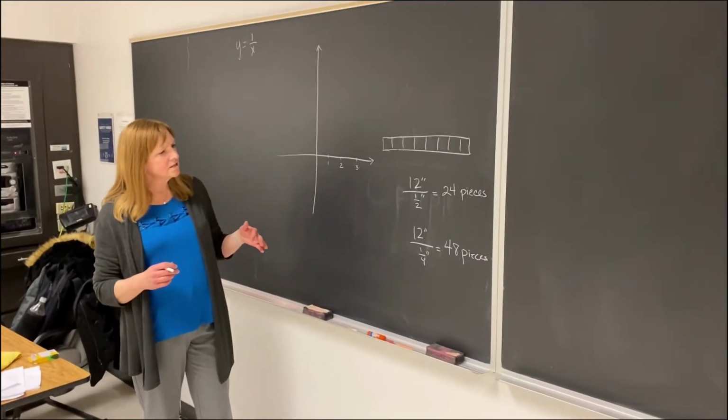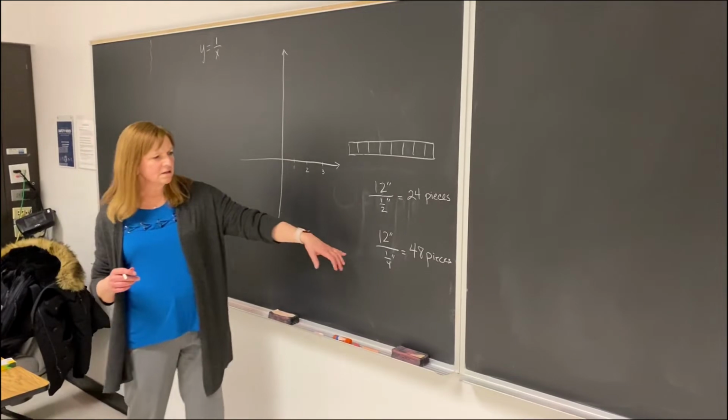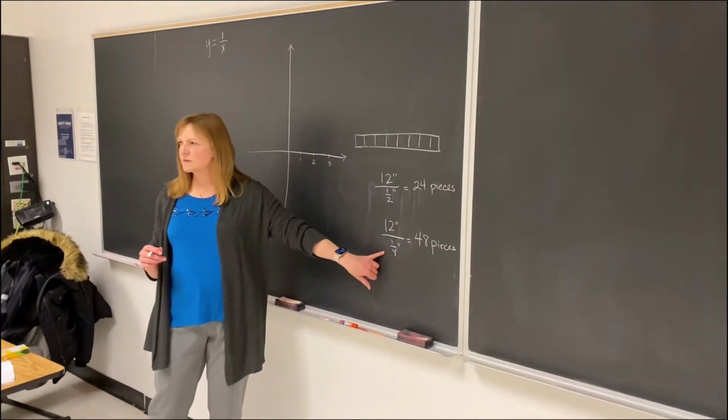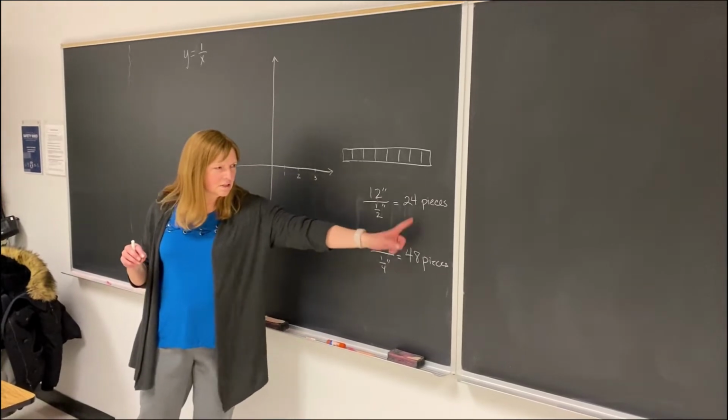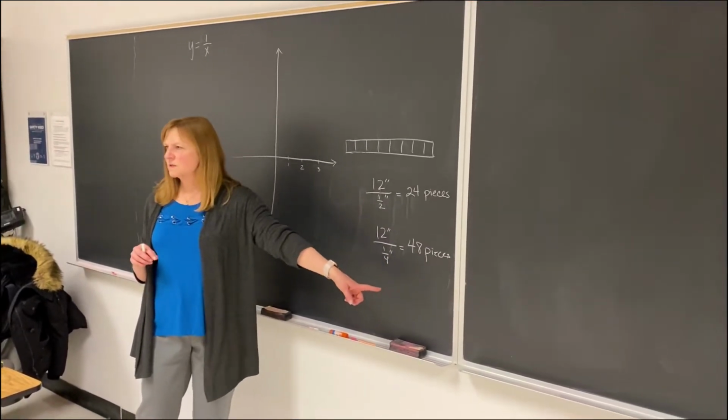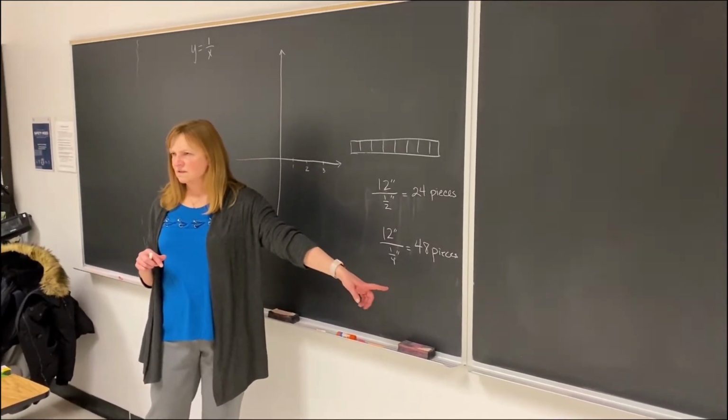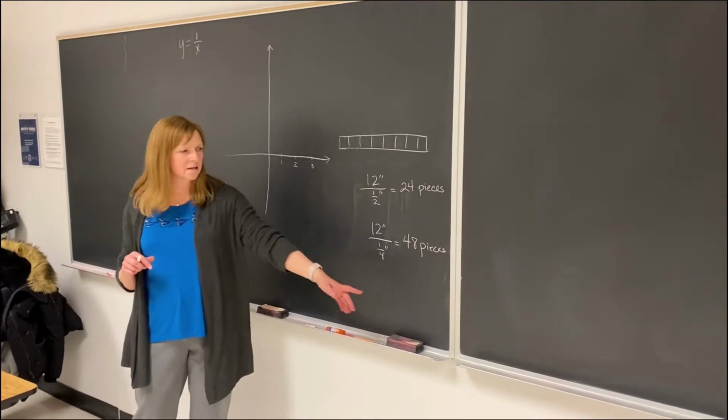And if we kept going and made these smaller and smaller and smaller and got that almost infinitesimal size, what's happening with the number of pieces we have? It's increasing. It's increasing very dramatically.